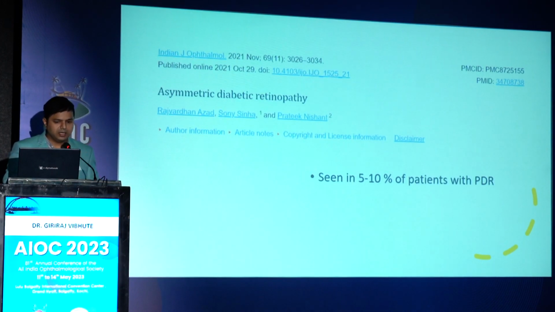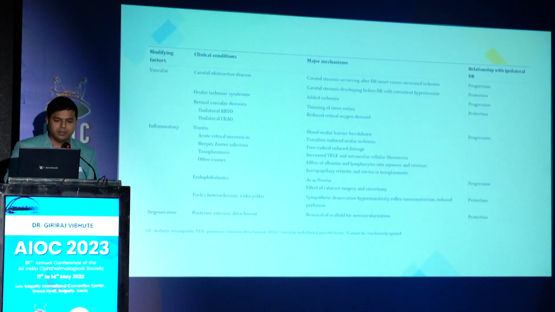Again, in this beautiful article by Azad sir et al., they mention causes. Look at how carotid obstructive disease affects the progression of PDR. If it is occurring before the onset of DR, it is protective.